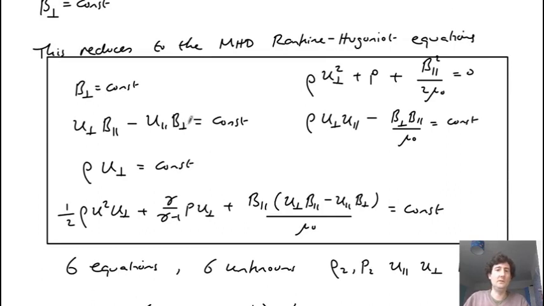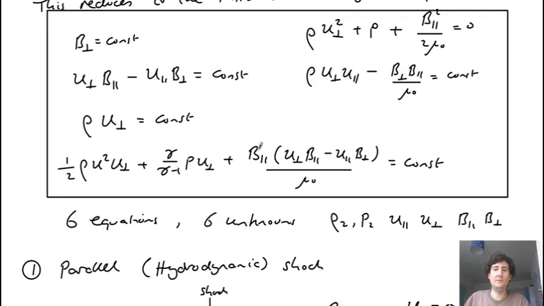And you see that if you make B parallel equal 0, essentially this part disappears, because this is constant. This U parallel is also constant, hence why you can change it just by shifting into a different frame. This of course disappears with B parallel, and so that reduces to the same as the fluid case. Again here B parallel, this also goes to 0, and then this all is just constant.